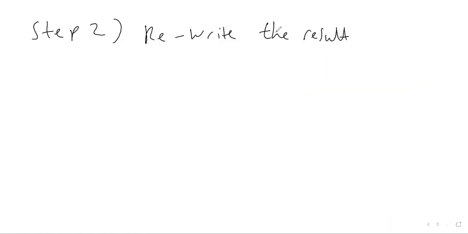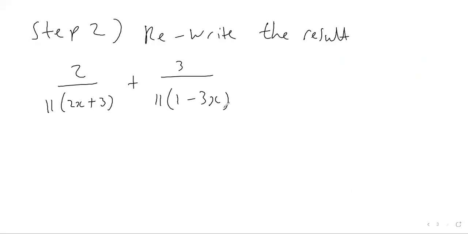So the next step is to rewrite our result. We got a result of 2 over 11 times 1 over (2x plus 3), in addition to 3 over 11 times 1 over (1 minus 3x). That's what we got when we did partial fractions.